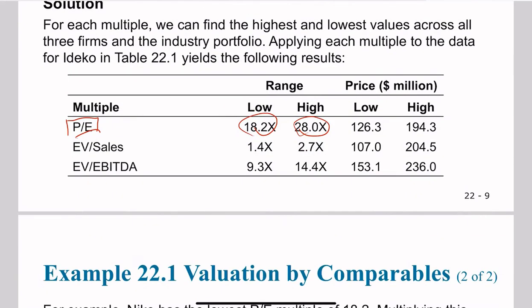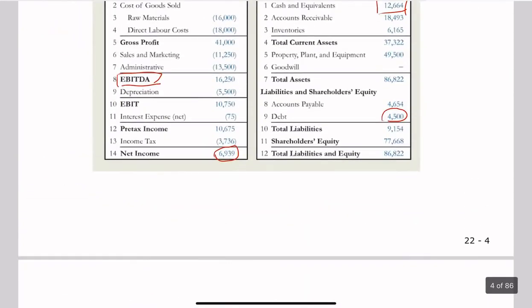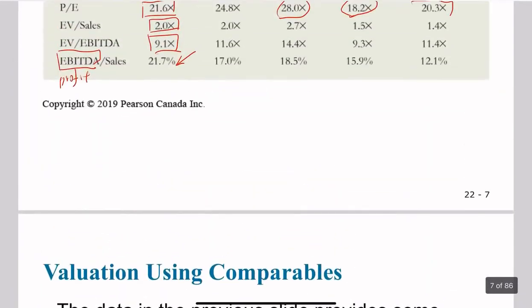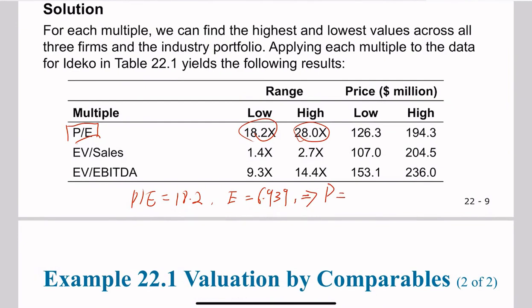If the PE ratio is 18.2 and the earnings of the firm are $6.936 million, then this implies the acquisition price equals 18.2 times 6.936.